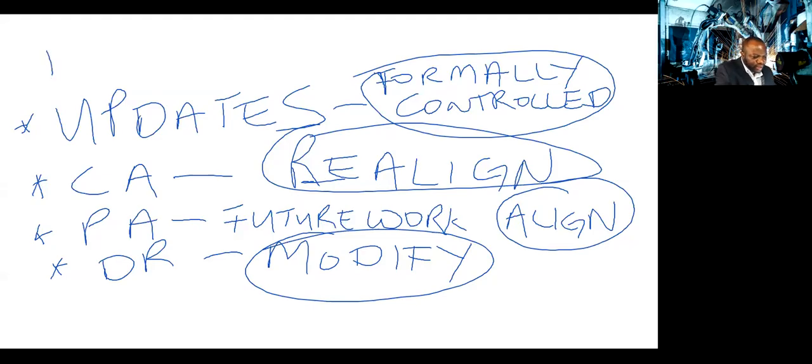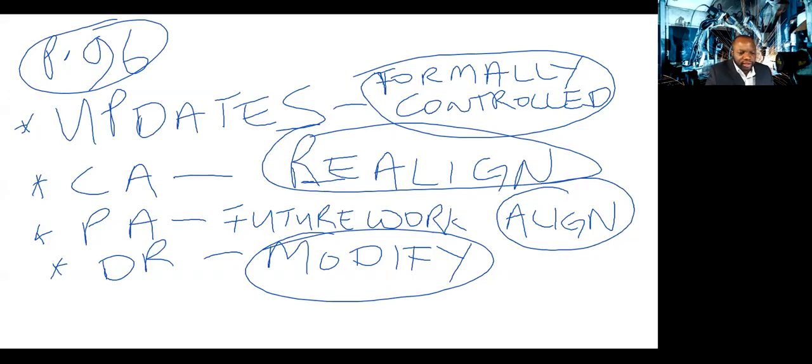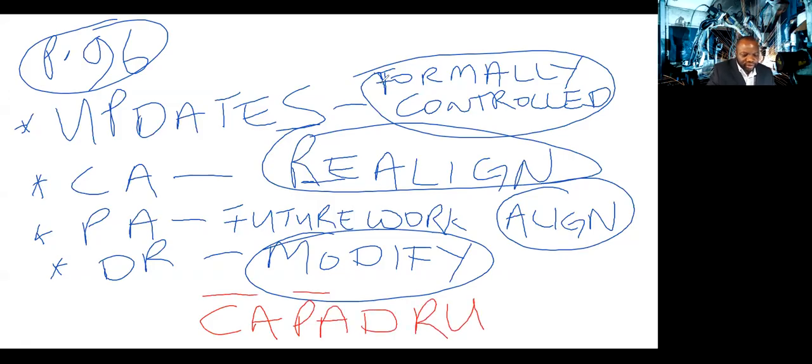Page 96, my friend, you don't want to forget it. This is what I refer to in a lot of the videos you've watched on YouTube as CAPA U. Corrective action, preventive action, defect repair, updates. Okay, I hope that makes sense. Okay, page 96.